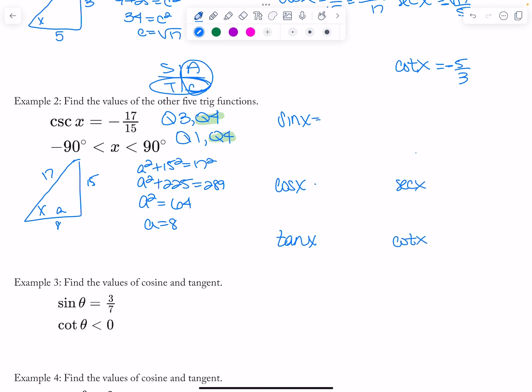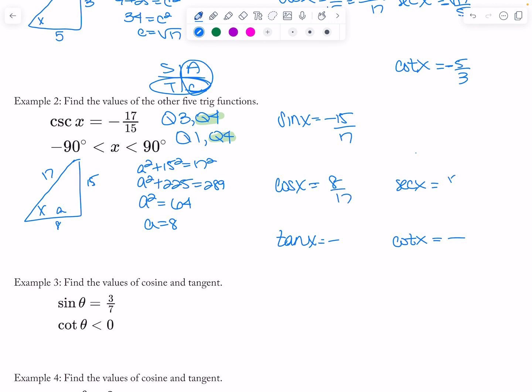Now I'm in quadrant 4, which makes sine negative, cosine positive, secant positive, and tangent and cotangent negative. My sine is opposite over hypotenuse, which is 15 over 17. My cosine is 8 over 17.